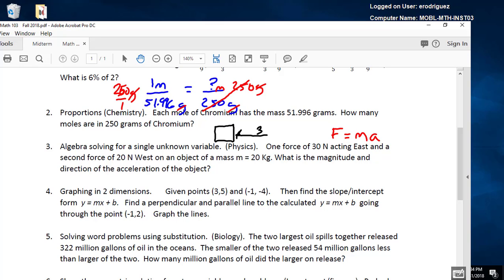So now I'm left with everything in terms of moles. So now I just have 250 divided by... hold on a second. Here we go. So that just ends up being what it is. You just divide 250 by 51.966, right? And that would be your answer for that.